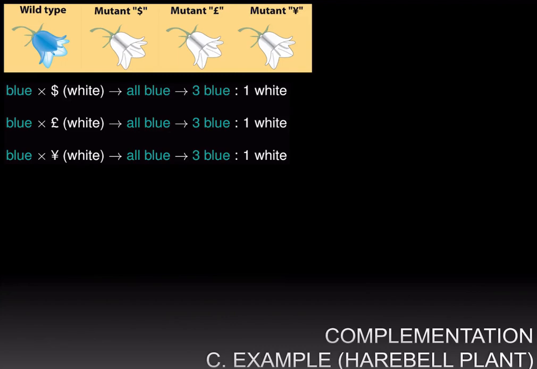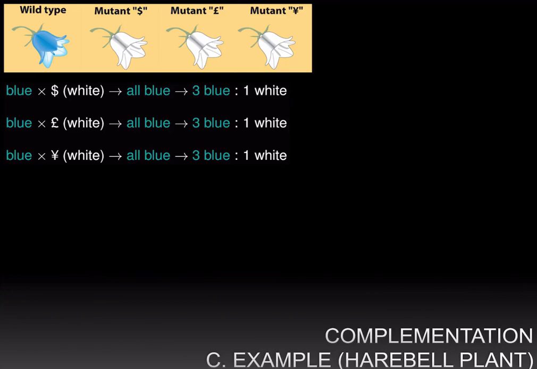So the first thing one would do is cross the wild type with each of the mutant strains. And when we do that, we get all blue in the F1 generation and a 3:1 ratio of blue to white in the F2 generation.